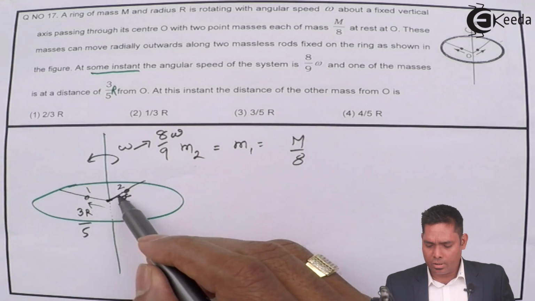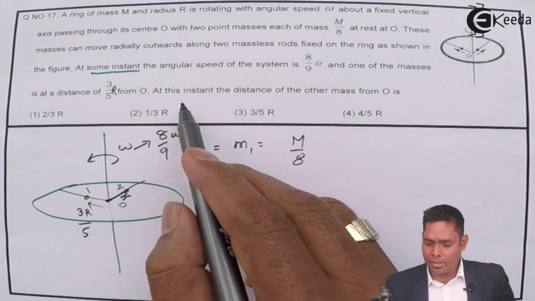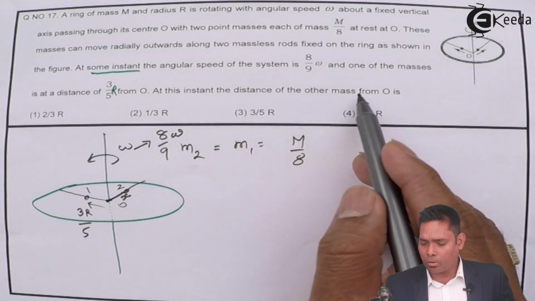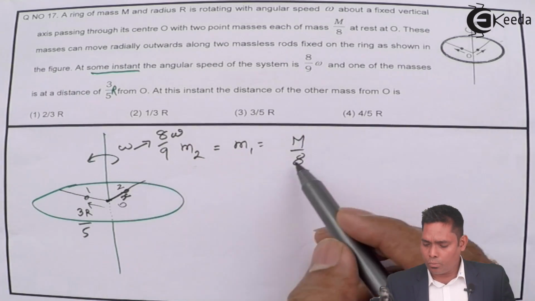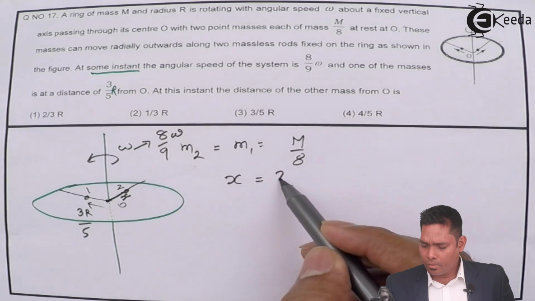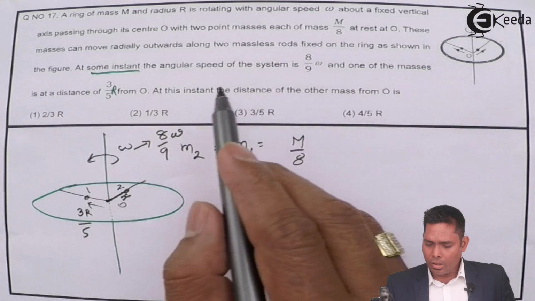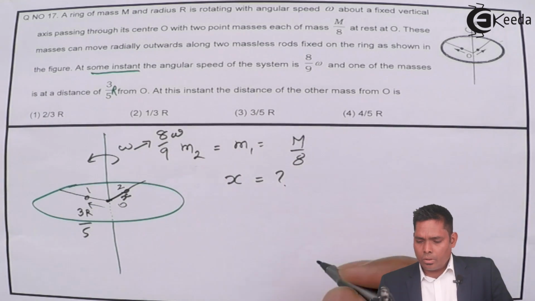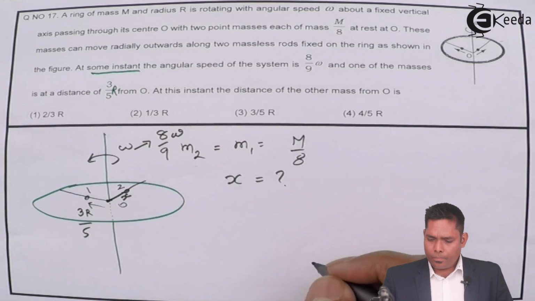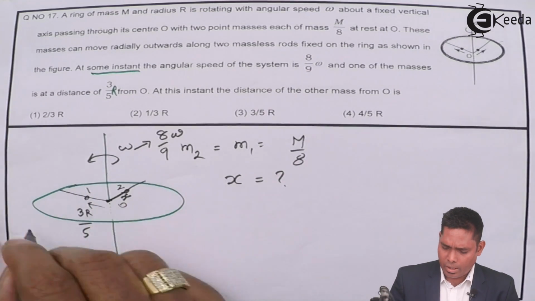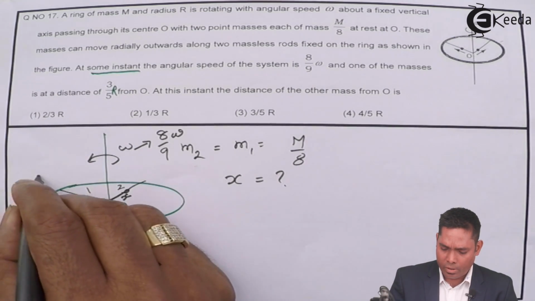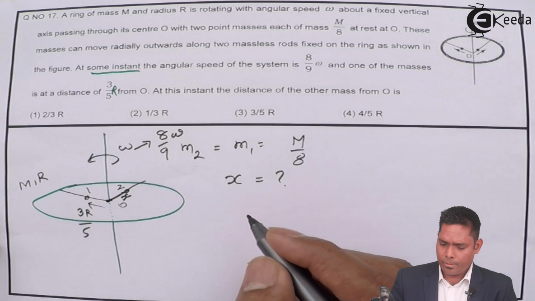This is the distance x, and you have to find that distance. At this instant, the distance of the other mass from O, that means you have to find x here. This is the distance of the other mass from the origin. Now this ring has mass m and radius r.